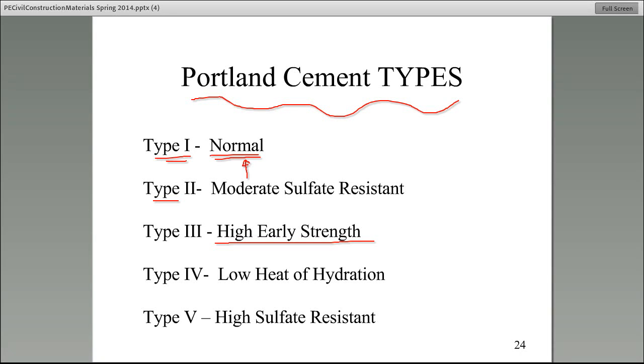So I'll ask you, in what situation would you specify high early strength? Give me some idea. When would you need a high level of heat generated? David is saying cold weather. Absolutely.